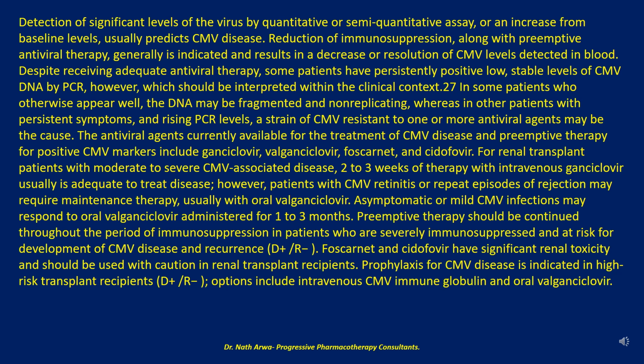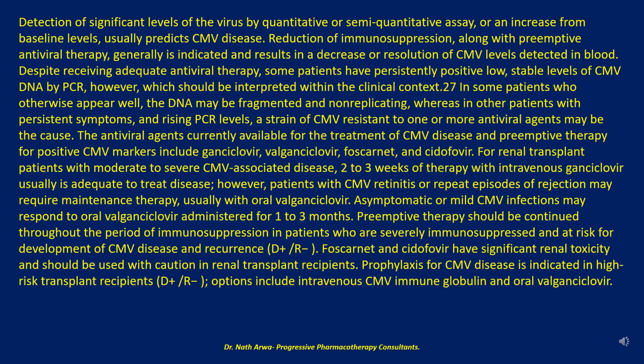However, patients with CMV retinitis or repeat episodes of rejection may require maintenance therapy, usually with oral valganciclovir. Asymptomatic or mild CMV infections may respond to oral valganciclovir administered for 1 to 3 months.